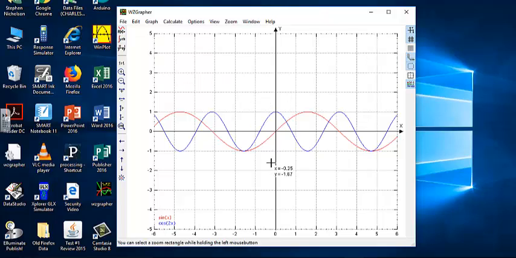So that is a point of intersection, and that's a point of intersection. So that's the pi over 6 part. This looks like negative pi over 2, which I thought it was, so I'm not sure.